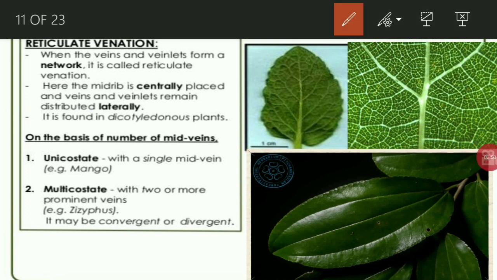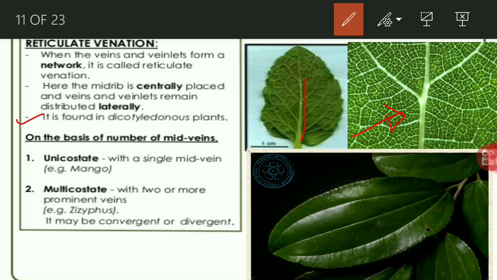Students, what is this net-like structure? When the veins and veinlets form a network, it is called reticulate venation, where the midrib is placed in the center and all the veins and veinlets are distributed laterally. This type of venation is seen in dicotyledonous plants.